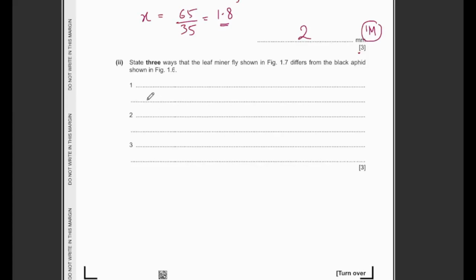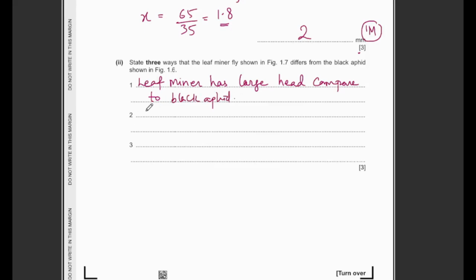So let's write our answer here. Leaf miner has a larger head compared to black aphid.